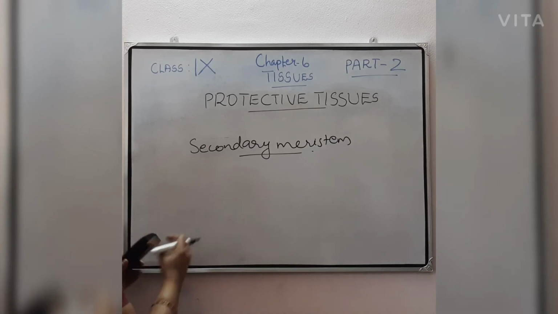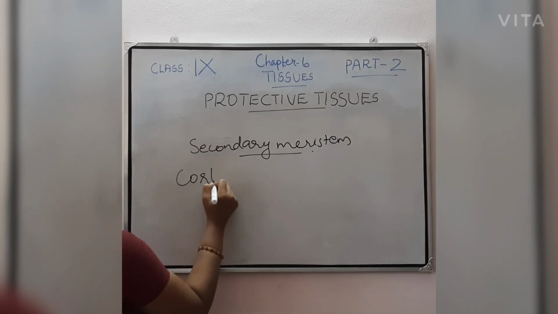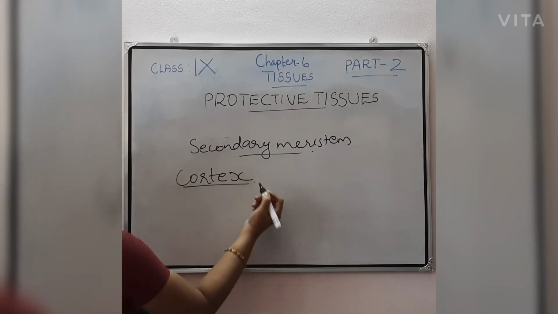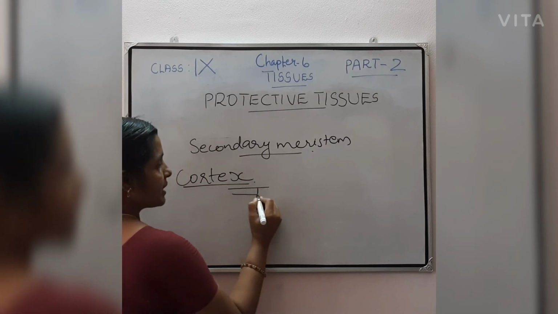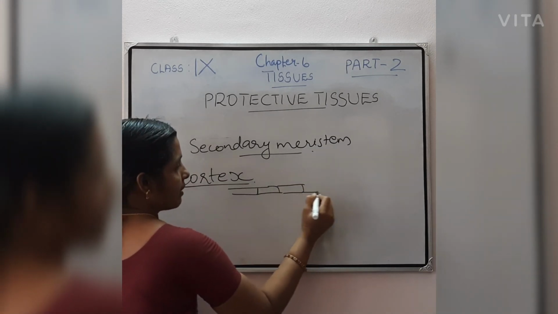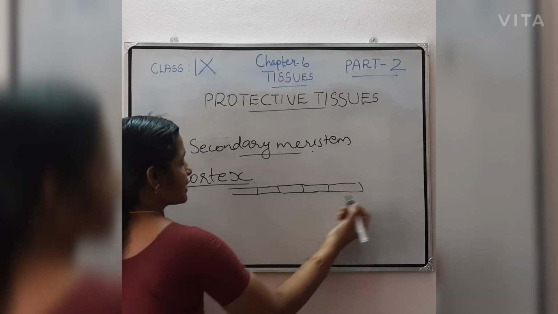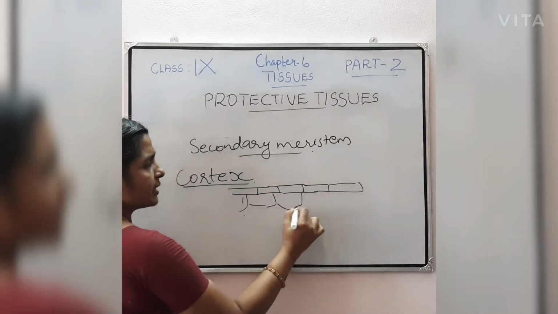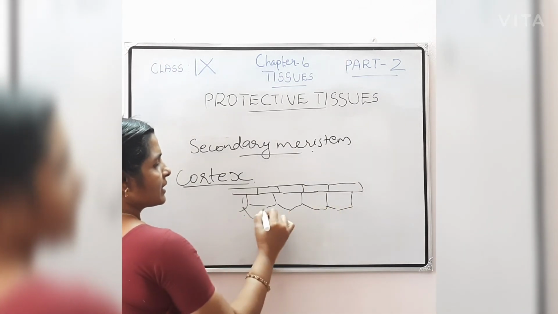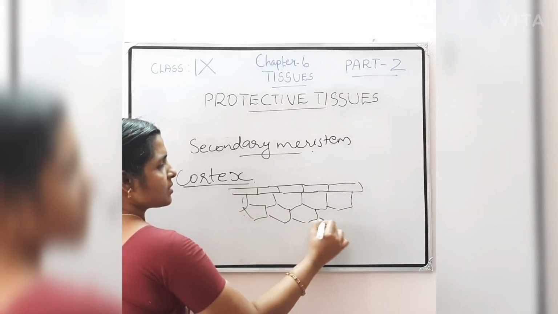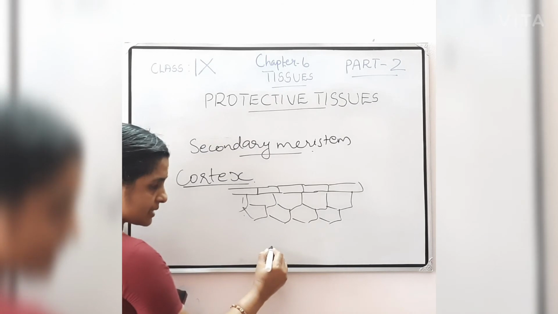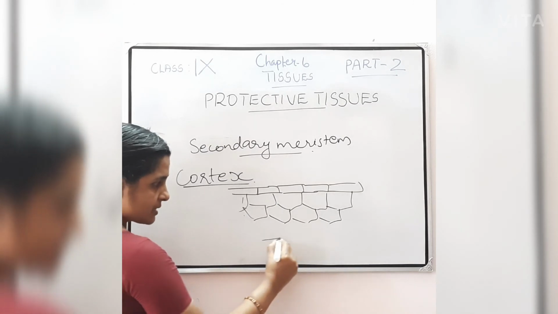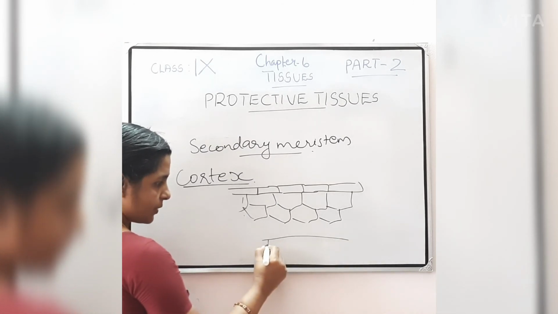So where is the cortex region present? This one is the epidermis. After the epidermis you can see parenchyma, collenchyma, different layers of cells. Then here you can see xylem cells, xylem and phloem.